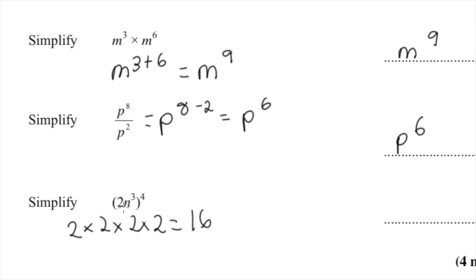And then also n to the power of 3 in brackets to the power of 4, so we multiply the powers, which will give us 12. So our answer now will be 16 n to the power of 12.